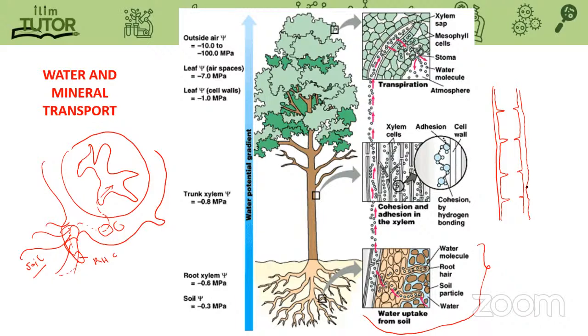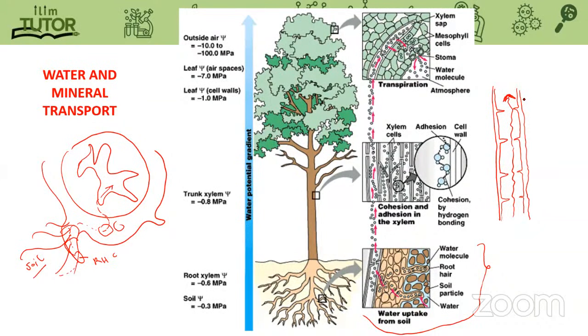So water moves up the xylem within the stem as we have it. And what are the factors responsible for the movement of water through the xylem within the stem?